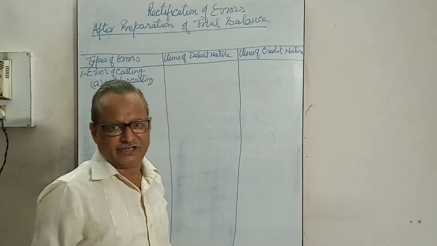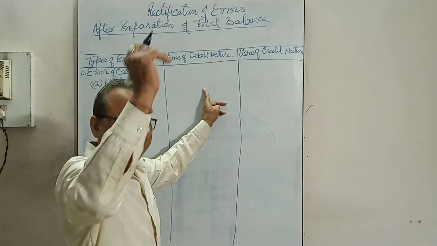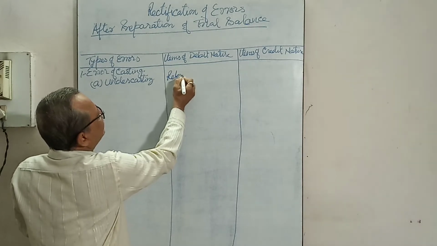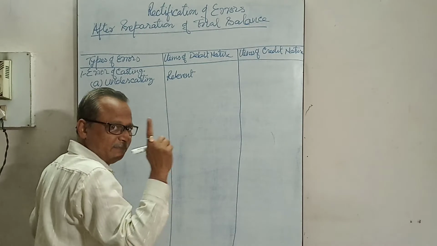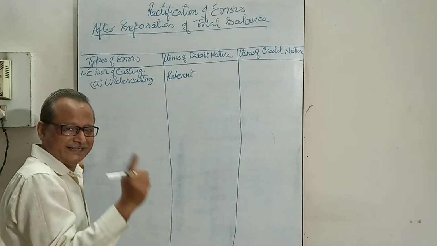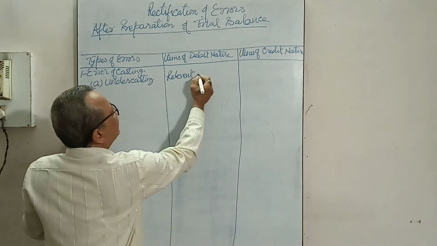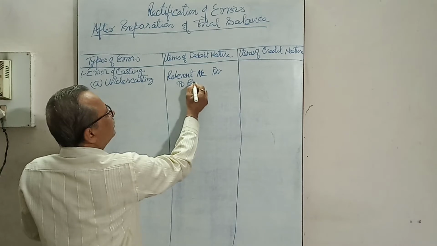If it was less totaled in a debit item, that debit item should be increased. So the relevant account is debited, the name of the item in which it occurred, if that is purchase account debit, if that is expenses account debit, whatever debit item, relevant account debit to suspense account.